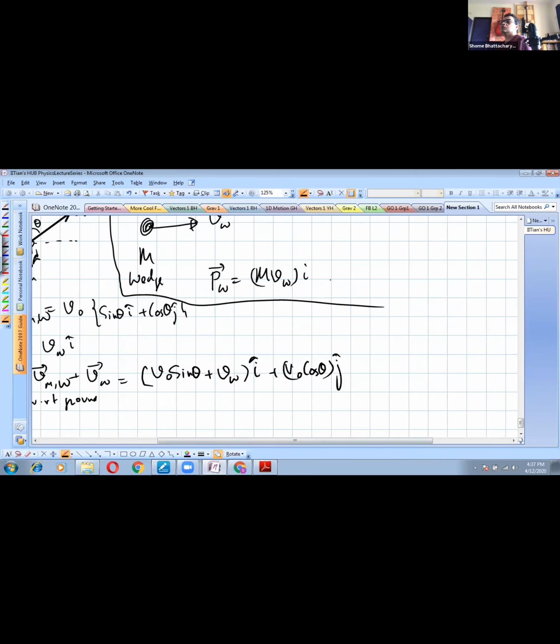So now I've got these two terms. I've got the momentum of the wedge and I've got the momentum, but there's a problem in this. I'll just explain what this is right now. Momentum of the man is m into this term.